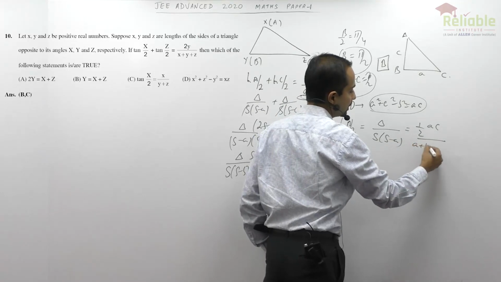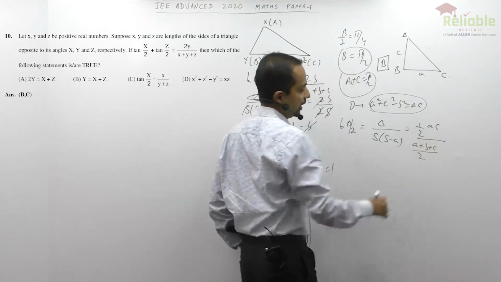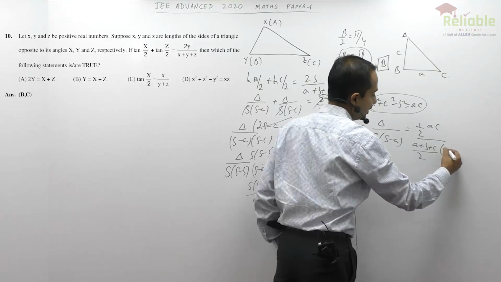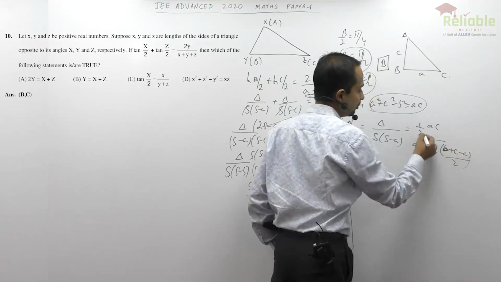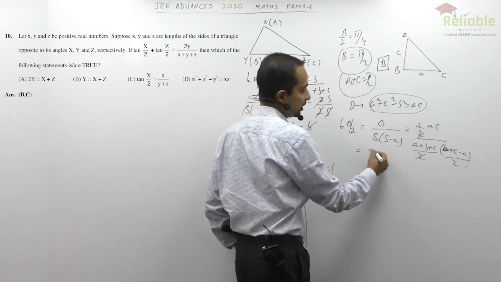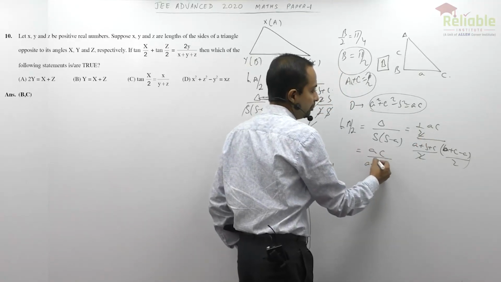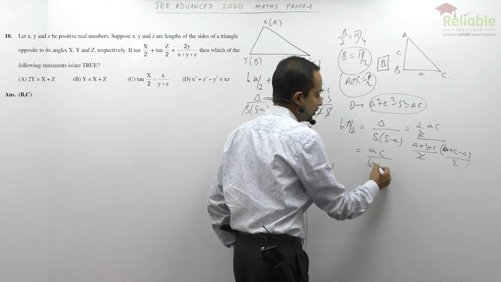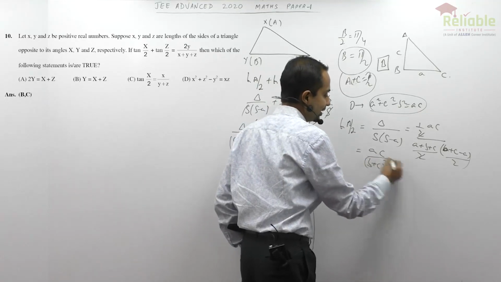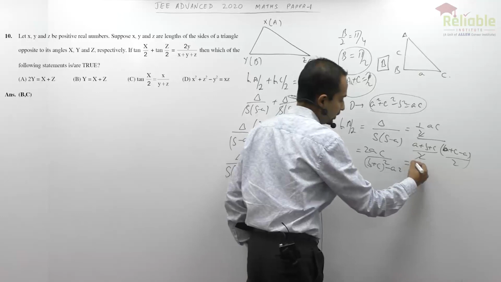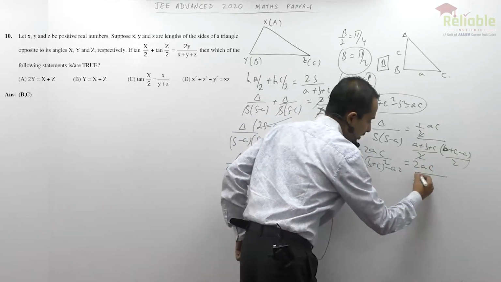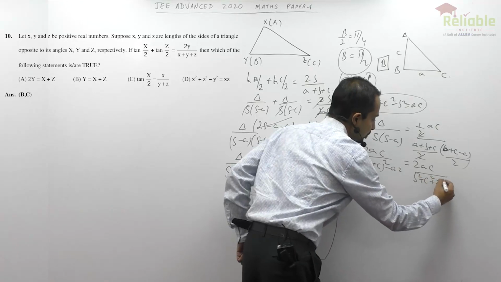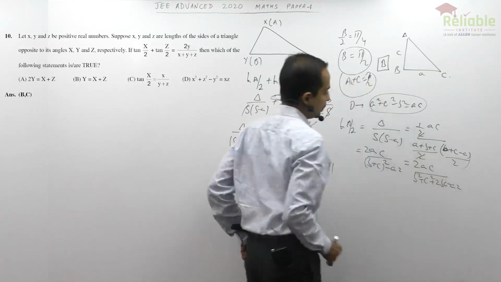S is certainly A plus B plus C by 2, and S minus A is certainly B plus C minus A by 2. By 2 gets cancelled off. We are left with AC upon B plus C whole square minus A square. So this gives us twice AC upon, just open it, B square plus C square plus 2BC minus A square.